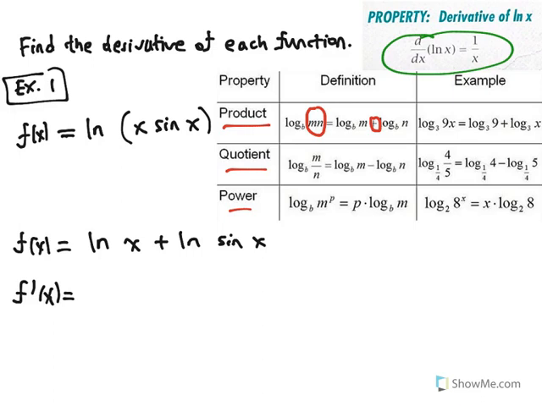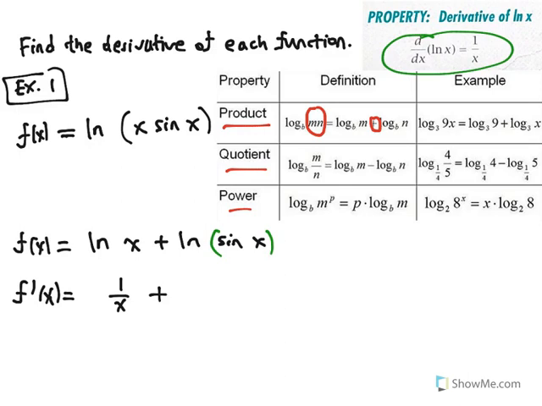So the derivative of natural log of x is 1 over x, and for the derivative of natural log of sine x, you need to recognize it as a composition of two functions, where the inside function is sine x, so we would have to use the chain rule.